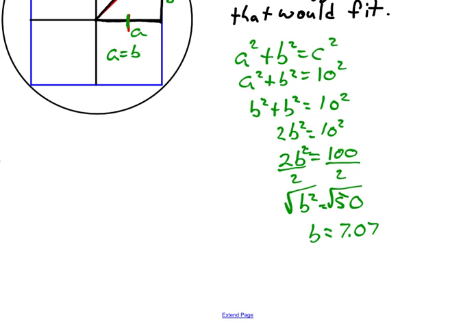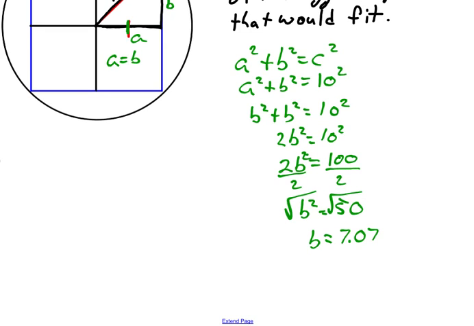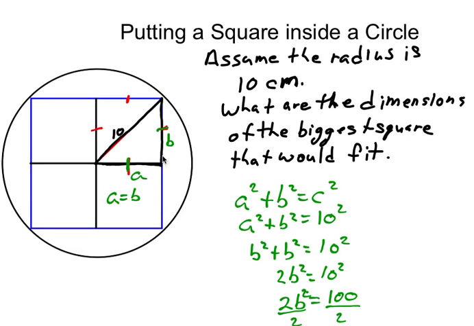I have found the length of side b, which is 7.07. So you might say the dimensions of my square then are 7.07 by 7.07. However, keep in mind that side b was only half of the square. So I actually need to double that to get my dimensions.